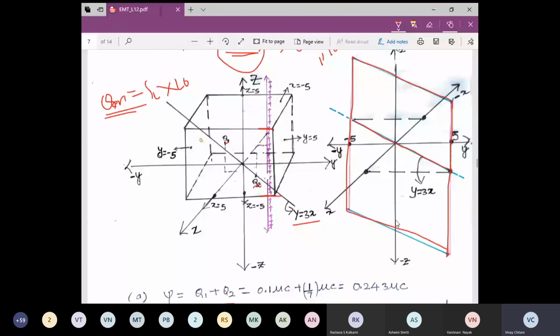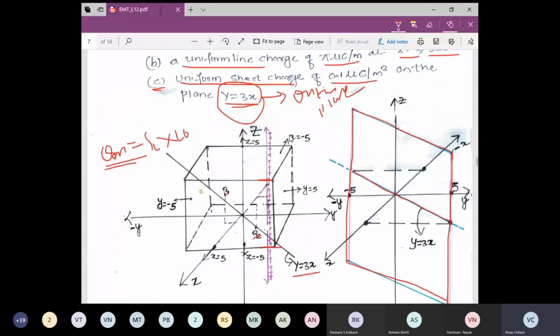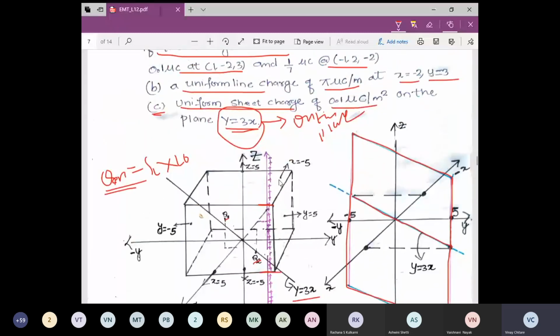So now what is our next job? If you want to find the charge, we need to find the charge enclosed inside this cubical surface by this sheet of charge.